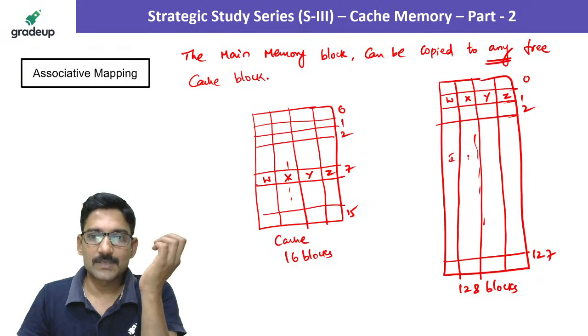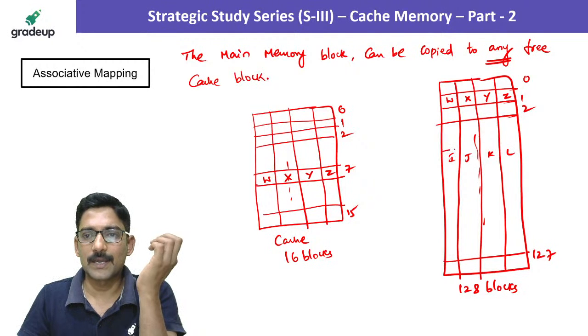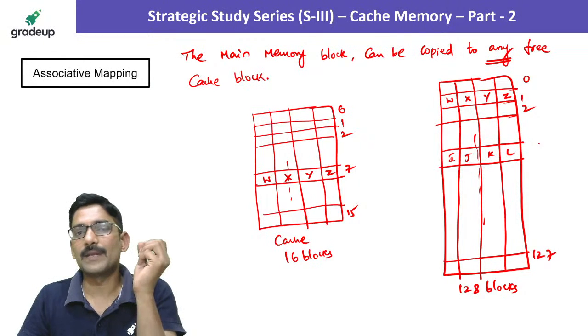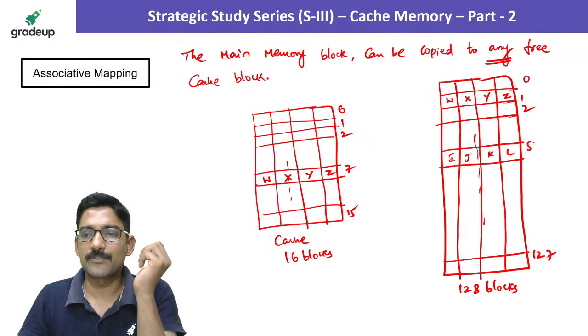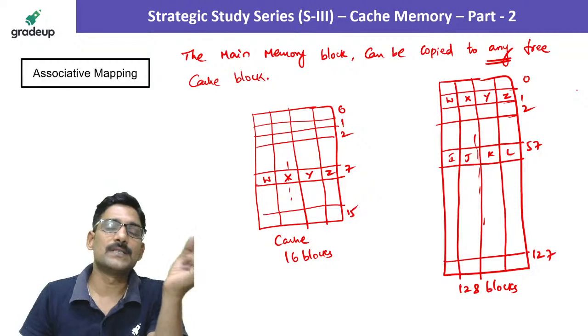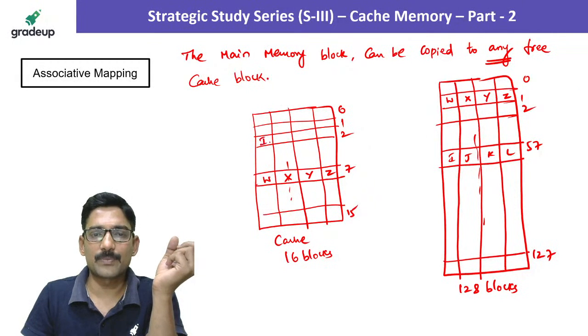Suppose the CPU is requesting K in the main memory, let's say it is at the 57th block. When this is requested, it can be copied in any free block.